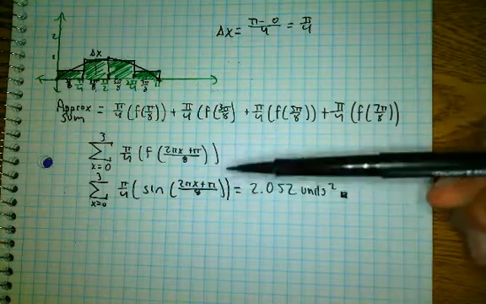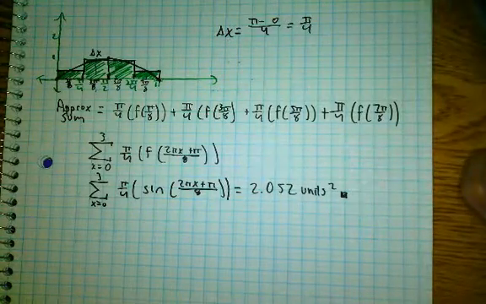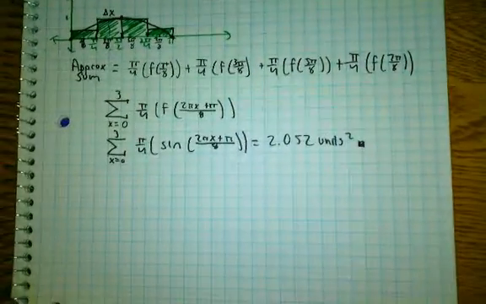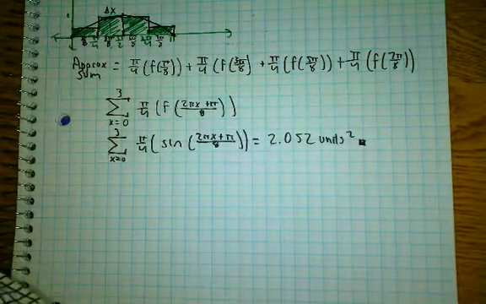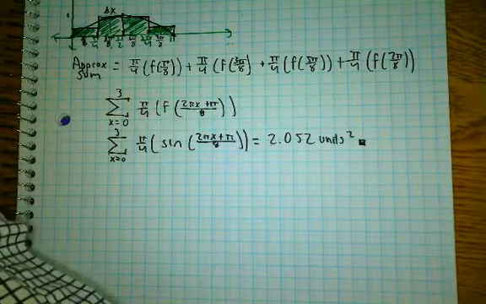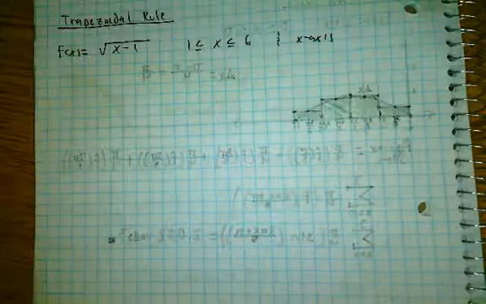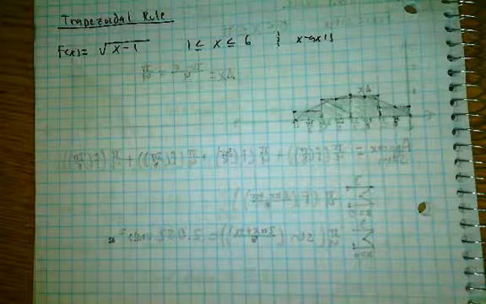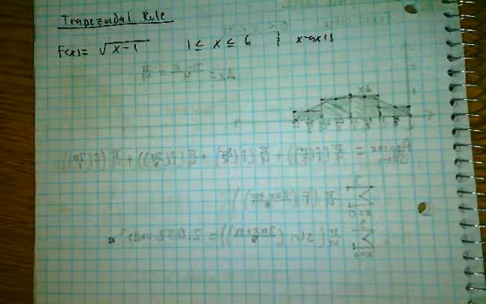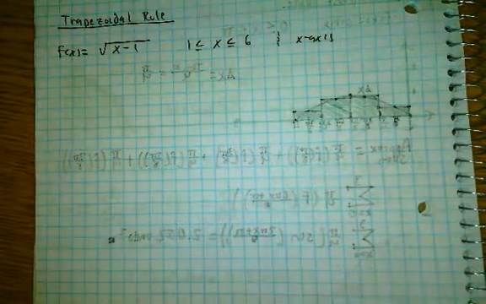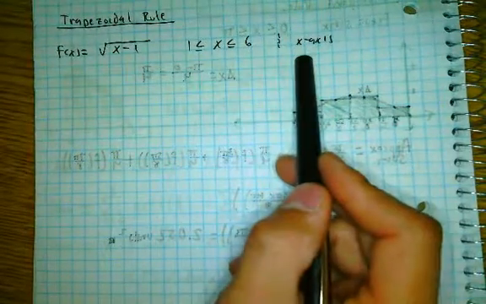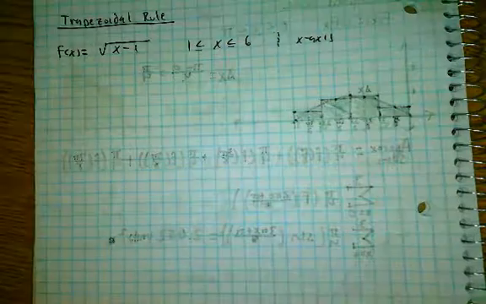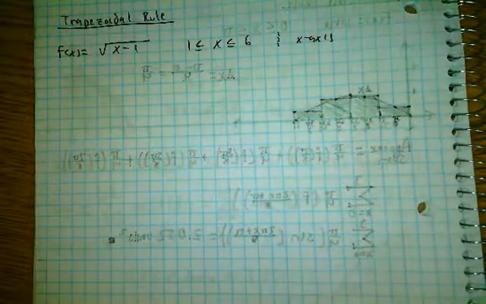Alright, so we're going to use the Trapezoidal Rule. We're going to do the exact same thing we've been doing. We're going to find the area under the curve of this function between 1 and 6 and above the x-axis. Okay? So if we graph this, if I plug in, I'm going to start at 1. So if I plug in 1, 1 minus 1 is 0, square root of 0 is 0.